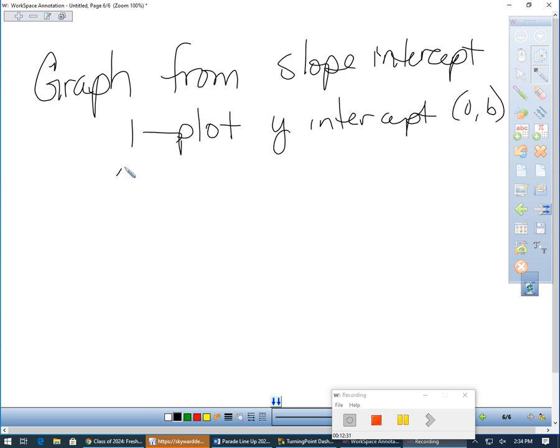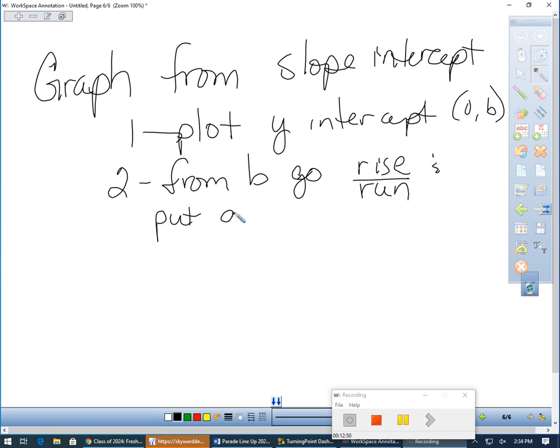Then, step 2, from B, you do rise over run, and put a dot. Step 3, connect the dots. Seems pretty easy, huh?